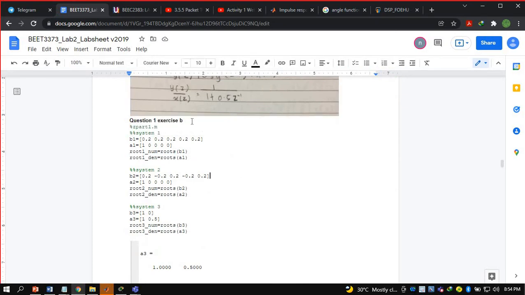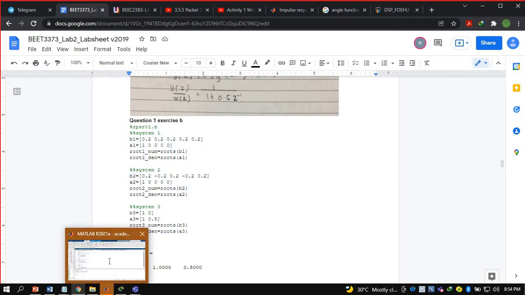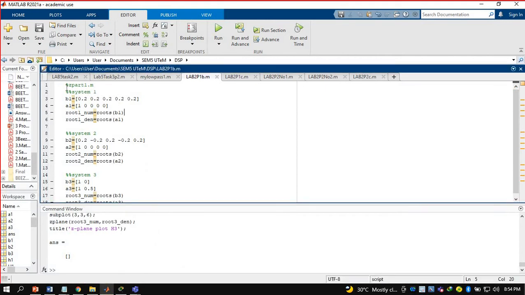Okay, for question 1, exercise B, we use this coding in MATLAB. So we run the coding.